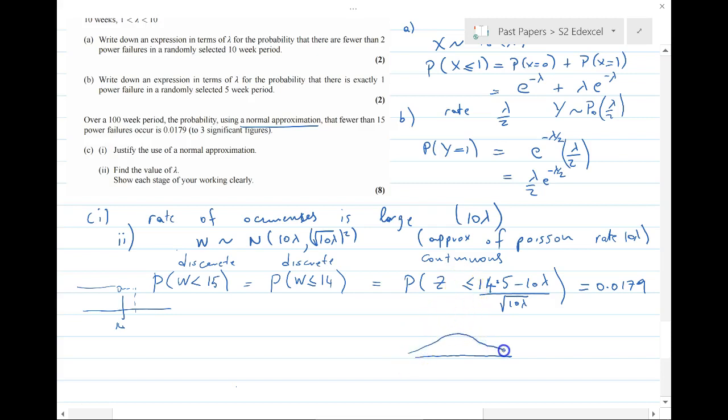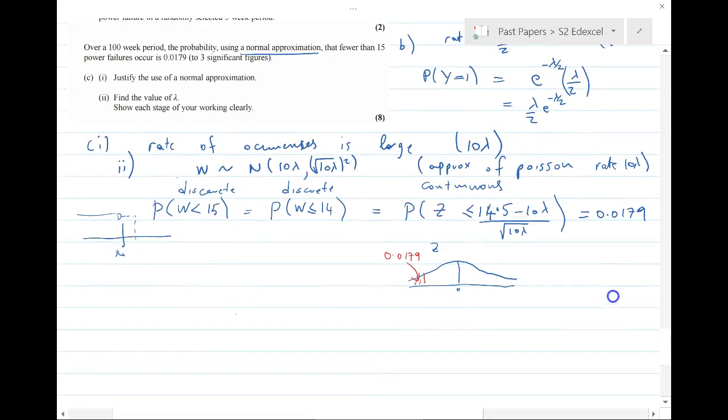So if we actually draw the standardized normal distribution with mean 0 here, then we want this area here to be 0.0179. Well, I'm going to consider the opposite area here. If I draw this thing again, I'm going to find the Z number that corresponds to this number here from the tables.